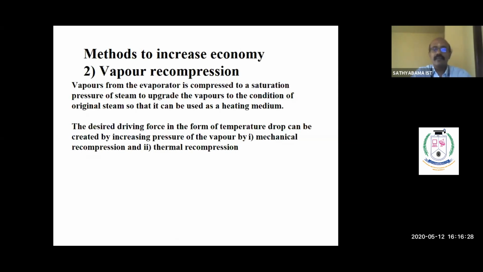The desired driving force, in the form of temperature drop, can be created by increasing the pressure of the vapor either by mechanical recompression or thermal recompression.